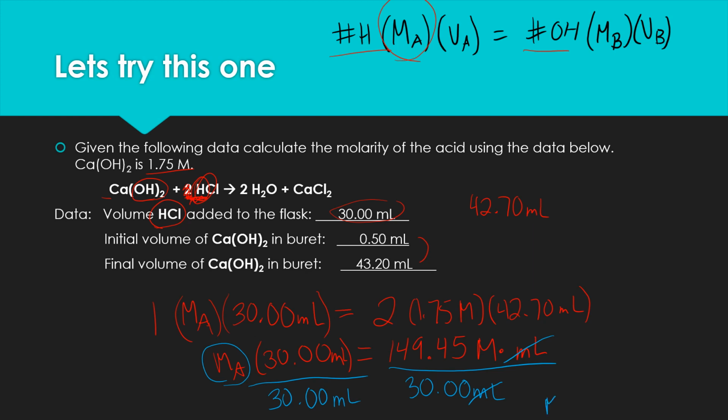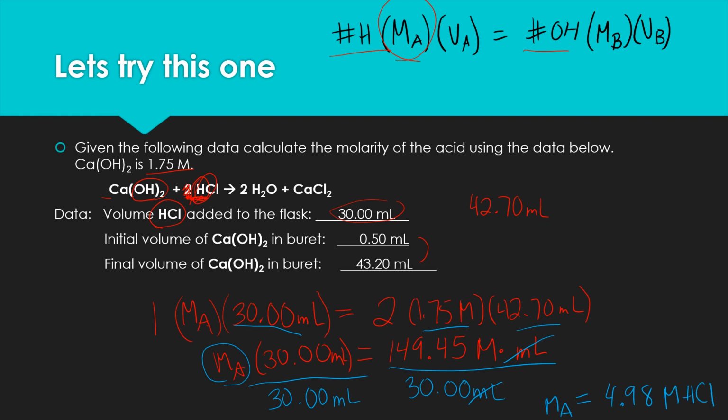So our molarity of our acid, our HCl, is going to be 149.45 divided by 30. And we get 4.98. And just keep going. Now, in terms of significant figures, you can refer back to all of your values. We've got 4 there, 3 there, and 4 there. So let's go ahead and round it to 3 sig figs, and that would be our molarity of our HCl.